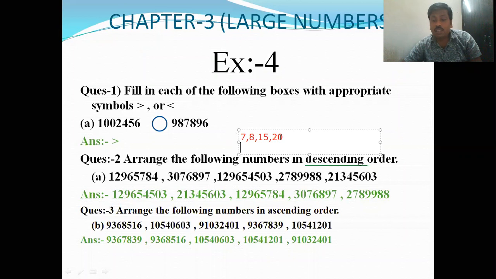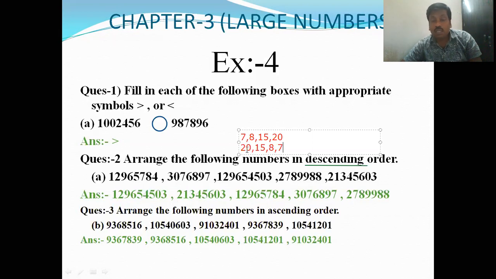Yes, 20 is the largest. So we put 20 first. After that, the number which is smaller than it, 15. And after this number, 8. And after this number, 7. So in this way, we can write any numbers in descending order.